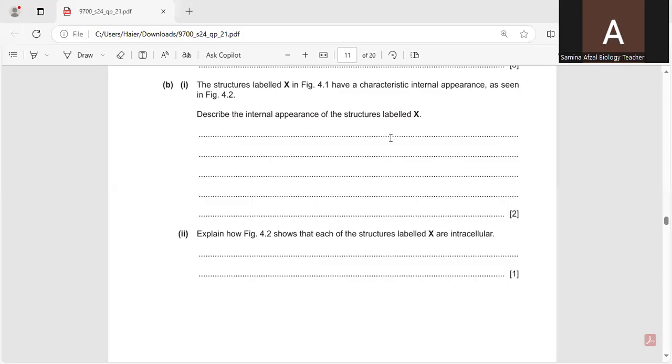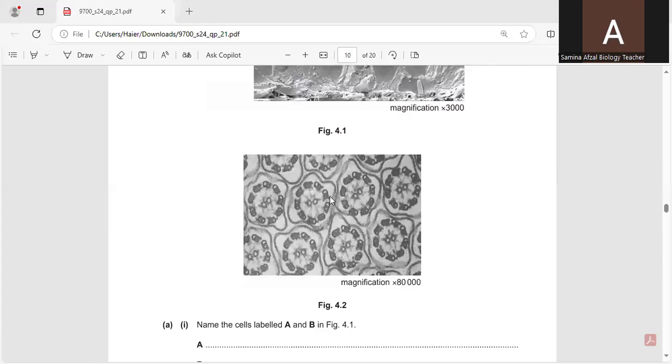Counting: 1, 2, 3, 4, 5, 6, 7, 8, 9. These are the 9 doublets, plus 2 in the center which are single, 2 singlets. So a 9 plus 2 pattern is there.